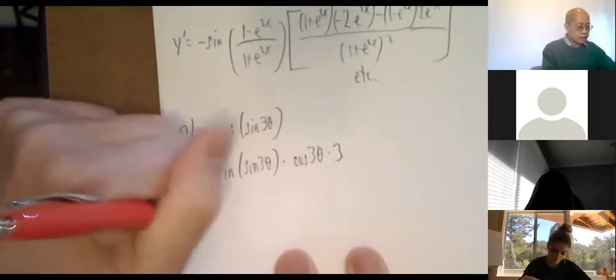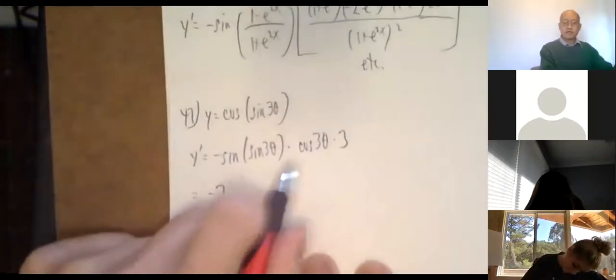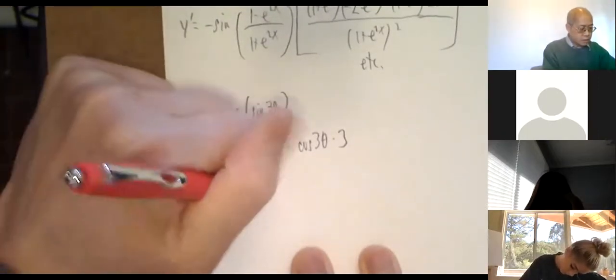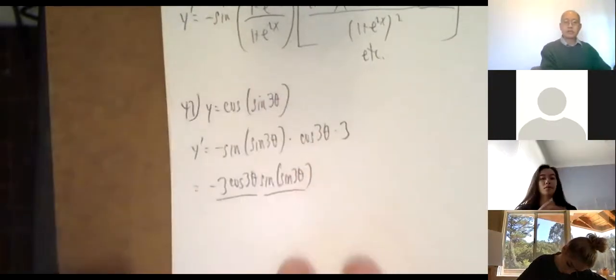So how about I rewrite it as negative 3? Why don't I put this in front? Negative 3 cosine 3 theta sine of sine 3 theta. So that's the first function. That's the second function for y double prime.